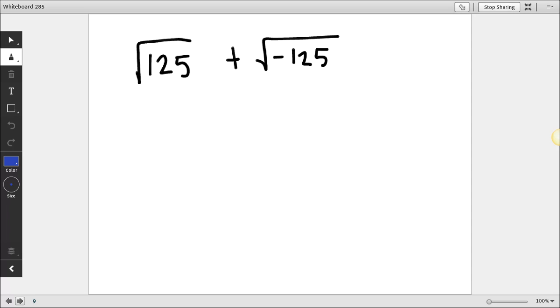And now, let's take a look at this one. The first thing I'm going to notice here is that this doesn't have a negative. This will. So when we get to where we can simplify, we're not going to be able to combine any like terms. So what does 125 factor into? 25 times 5. I can take the square root of 25.